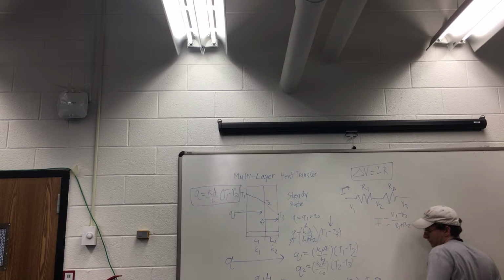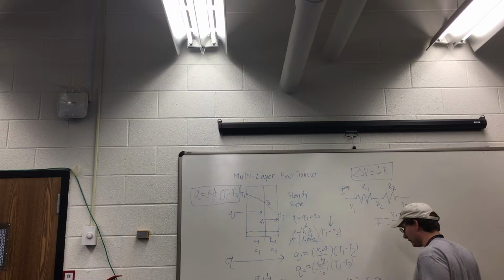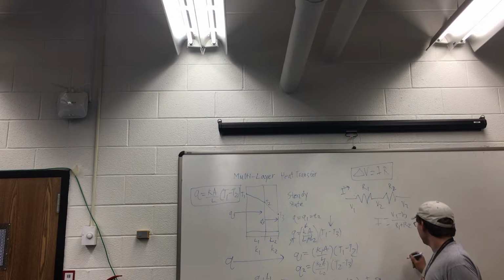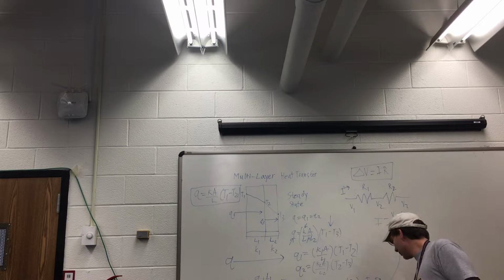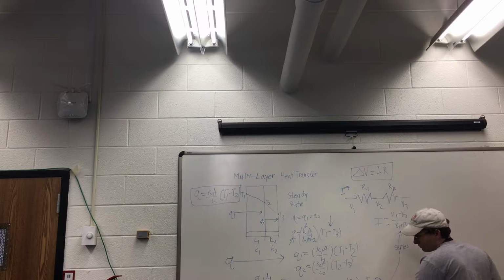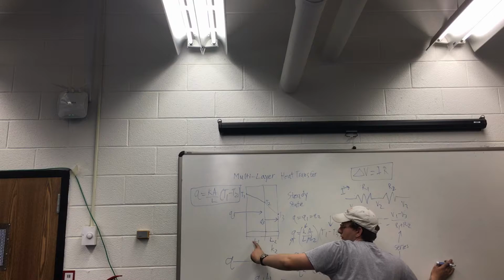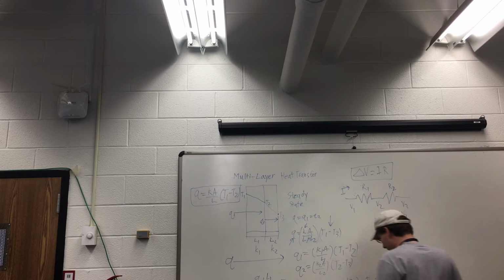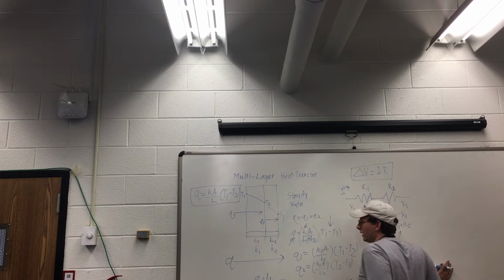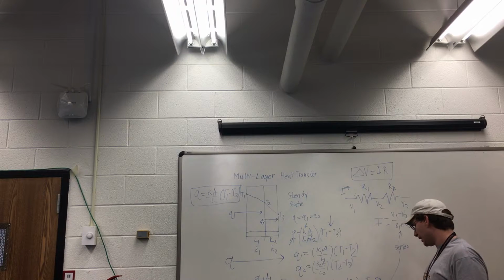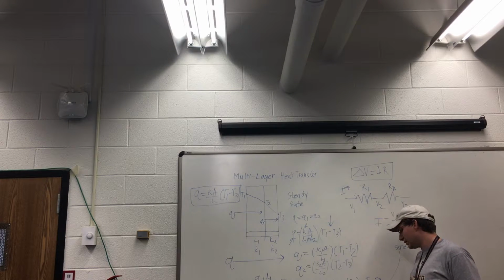These are electrical resistances, these are thermal resistances. And if you've also noticed, these are in series. Well, guess what? So are these. This whole term is the thermal resistance. This is the thermal resistance of the first wall. This is the thermal resistance of the second wall. And basically what that means is that this is how hard it's trying not to conduct heat.